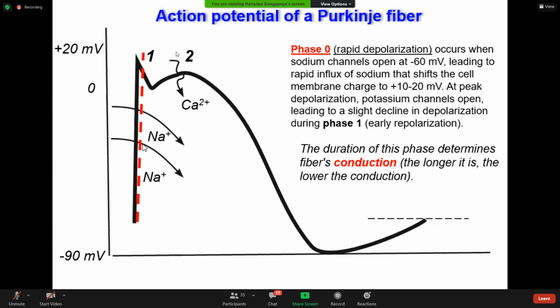For example, if antiarrhythmic drugs increase duration of zero phase, we will speak about prolongation of conduction caused by such drugs. The longer the zero phase, the lower the conduction. As the example on this diagram of Purkinje fibers, longer conduction with the red line in the Purkinje fibers.